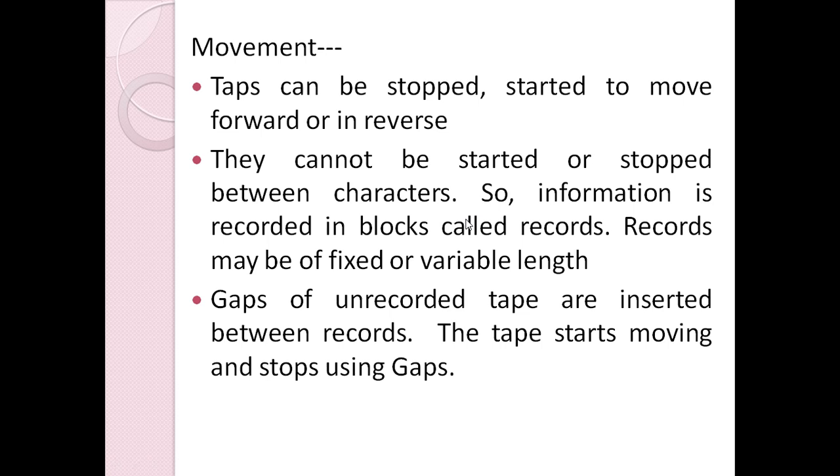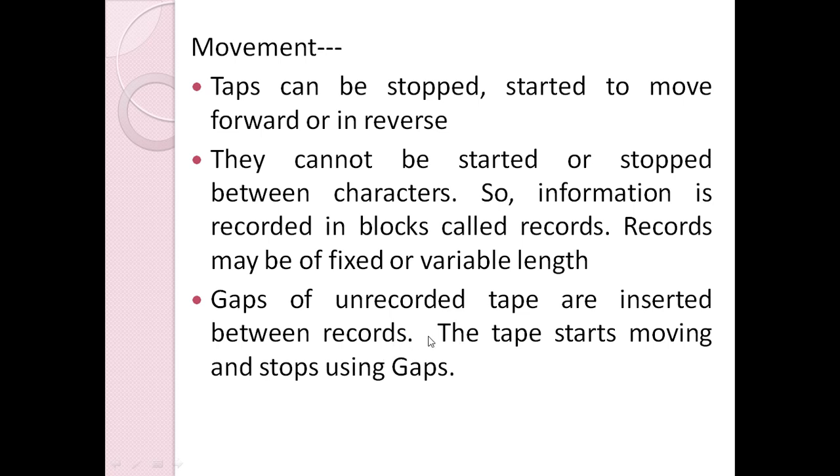If we start and stop the tape, it will not stop immediately or start immediately with its full speed. So information is recorded in blocks called records, and a record may be of fixed or variable length. Gaps of unrecorded tape are inserted between records.